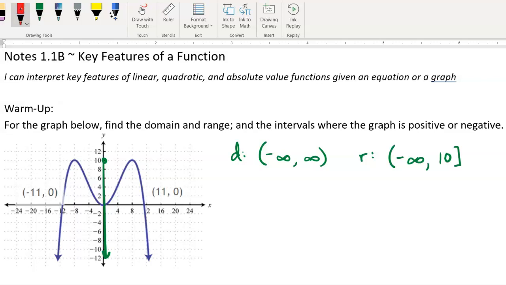Now let's talk about where the graph is positive or negative. Now remember I said that the way that we determine if it's positive or negative, anything above the x-axis is positive and anything below the x-axis is negative. Now this is two separate intervals, so where it's positive, we're going to describe those as two separate pieces.